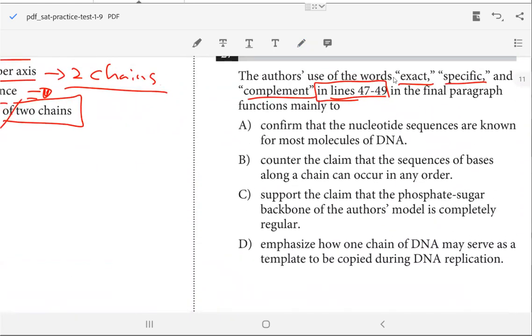The author uses words, exact, specific, complement in the final paragraph function mainly to convey what message, right? In order to convey what message, what's the purpose of it?